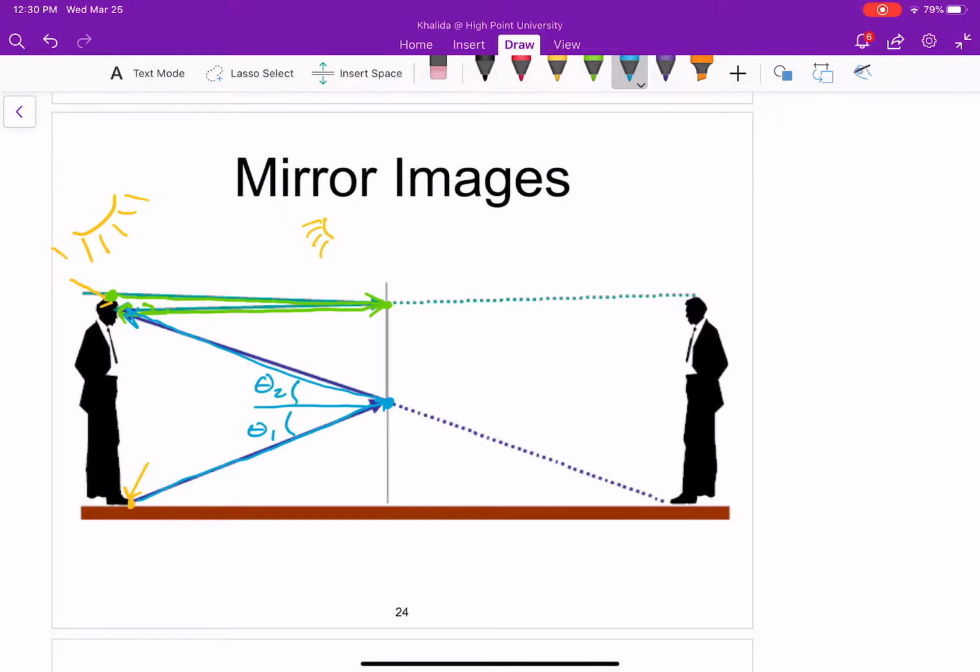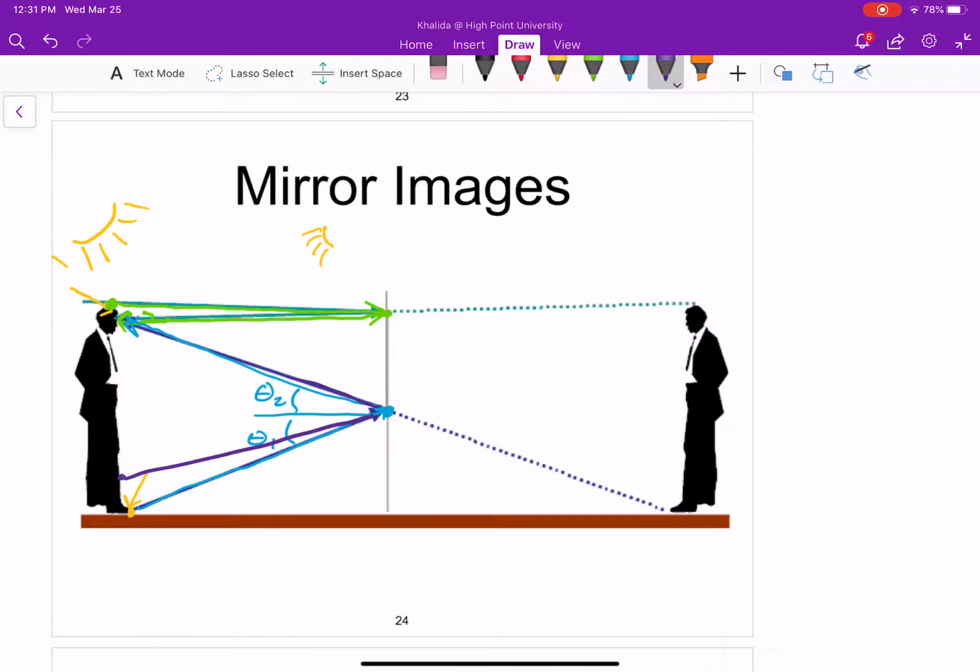So in reality, every single piece of that image that he sees is another set of these light rays bouncing off. So here at his knee, there's some other ray that's coming off like this, coming off and ending up at his eye. And his waist here is another ray. I'm sorry, that wouldn't hit at the same point. Let me redraw that.